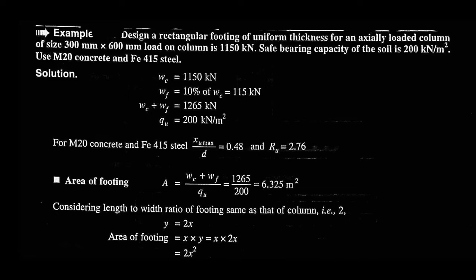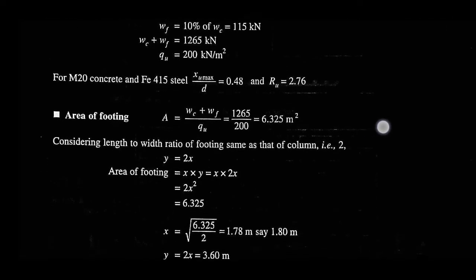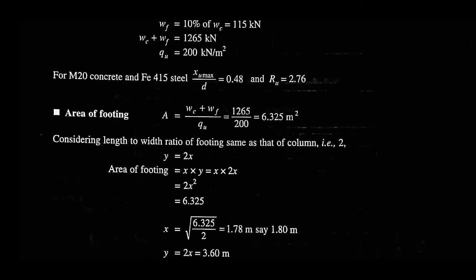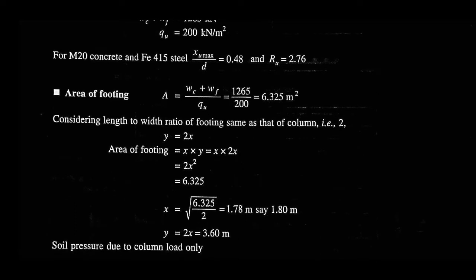So area of footing is equal to x into y, is equal to x into 2x, that is 2x square, equal to 6.325. So x is equal to root over 6.325 by 2, that is 1.78 meter, say 1.80 meter. So y is equal to 2x, that is equal to 3.6 meter.